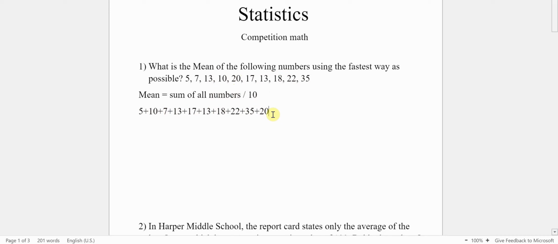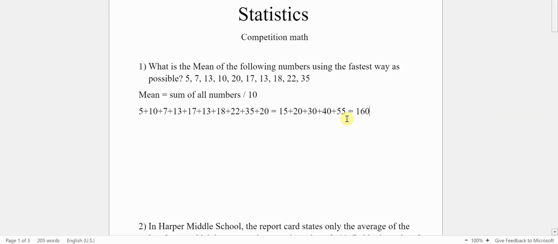Okay, now we add all these numbers together. 15 plus 20, 30, 7 plus 13, 20, 30, 40, yeah, and 35 plus 20 is 55, so 15 plus 55 is 70, plus 20 plus 30 plus 40, 70 plus 20 is 90, 90 plus 30, 120, 120 plus 40, 160.